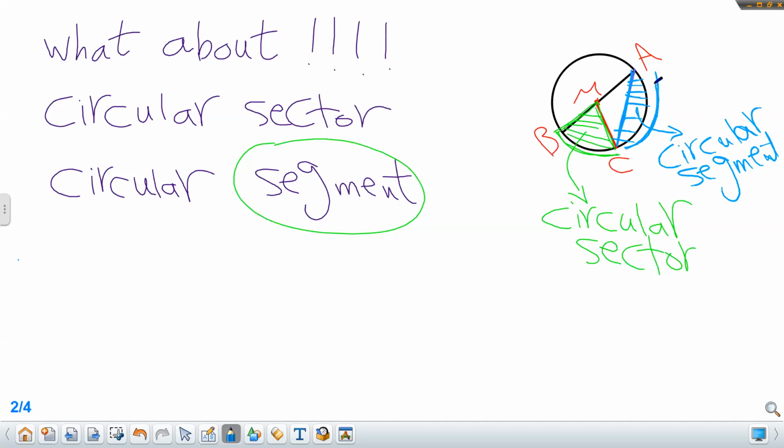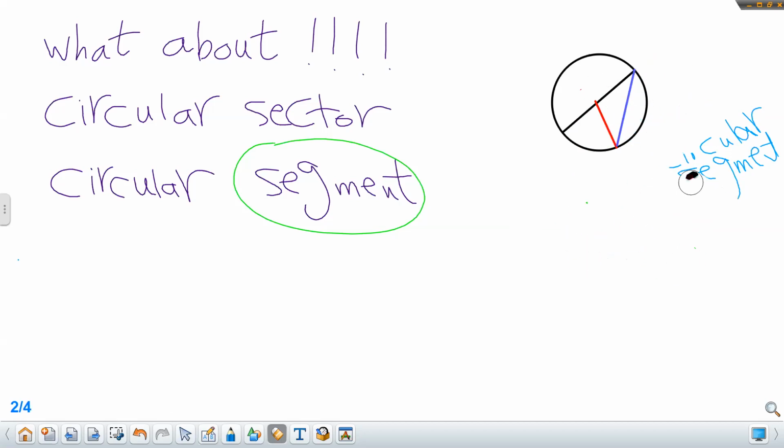So now we can notice that the circular sector includes two parts. It includes a triangle and, yes, good, a circular segment. Okay, how? Look.